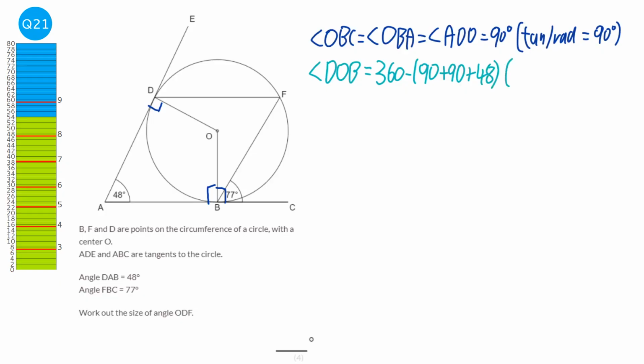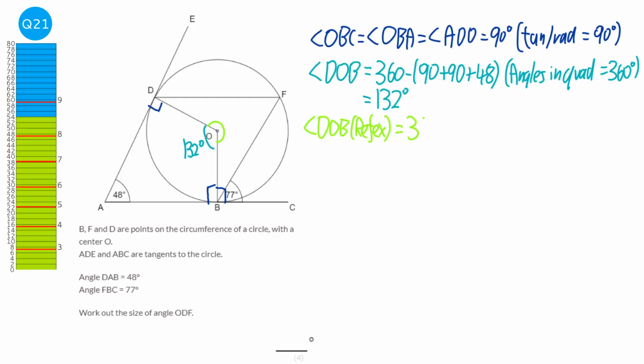And the reason for that is angles in a quadrilateral add up to 360 degrees. And so when you do 360, take away that, you get 132 degrees. So this is 132. But we also have this angle here, which is also angle DOB, but I'm going to call this the reflex one.